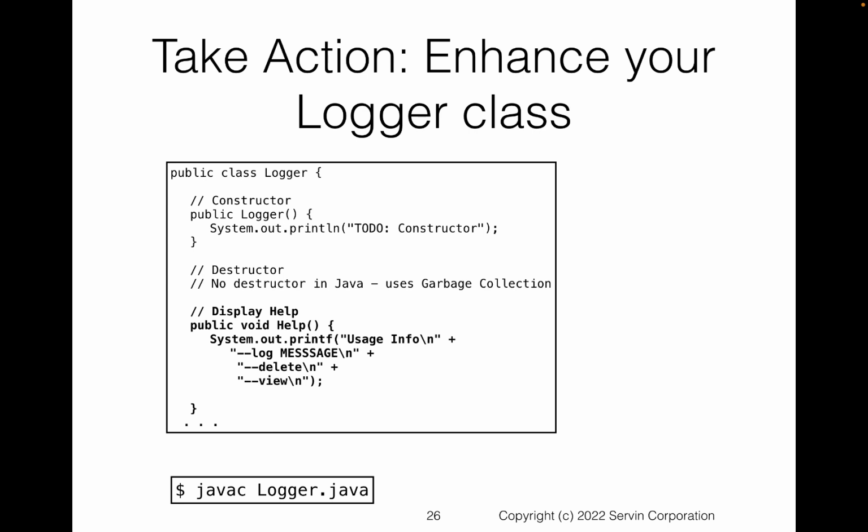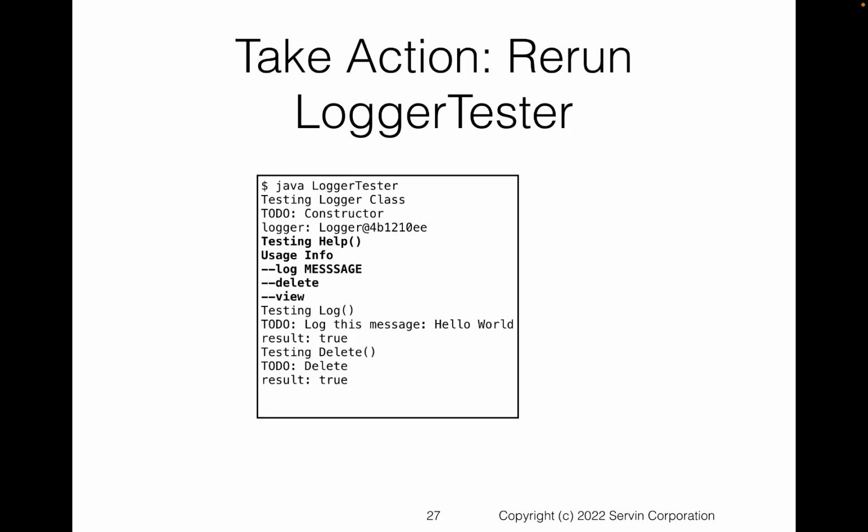You go ahead and compile this using your javac, and then you can rerun your logger tester. You don't have to recompile it. You can just rerun it because you know it's calling this logger class, and we see that sure enough, where it says testing help, you see your usage messages of log and delete and view.